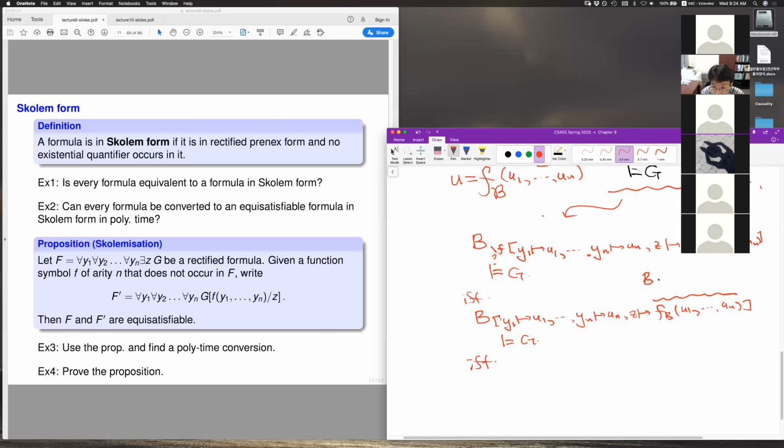So it's B, Y_1 U_1, Y_N U_N. Under this structure, we interpret this function application f Y_1 to Y_N. So this is really the interpretation of this term, which is apply f to Y_1 up to Y_N under this structure.